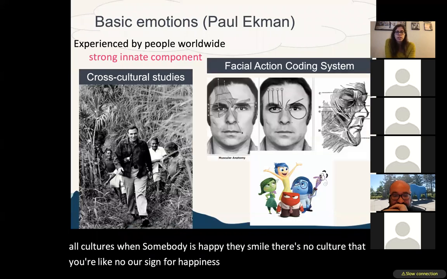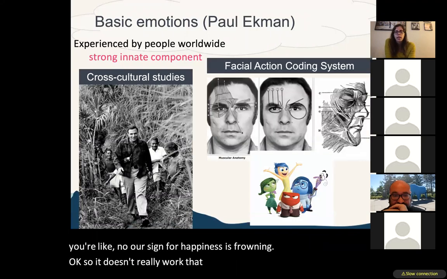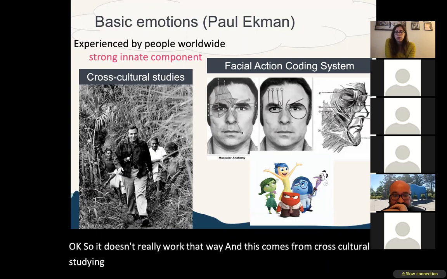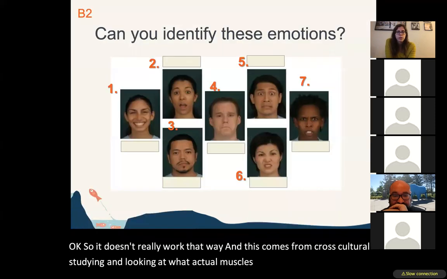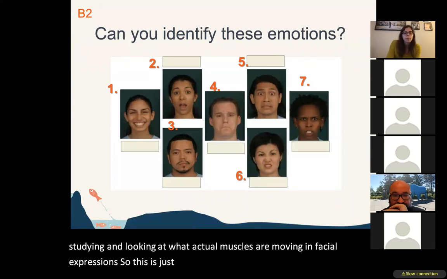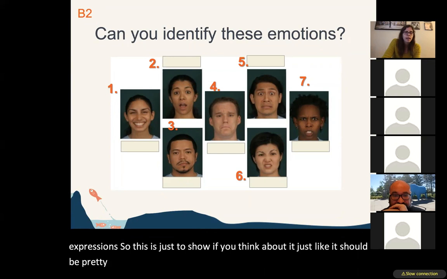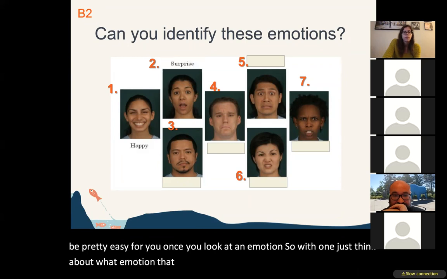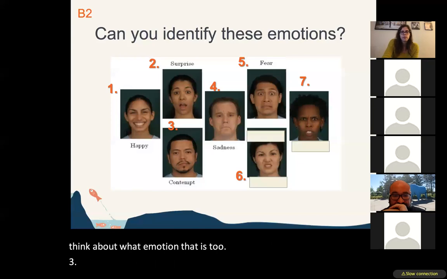And this comes from cross-cultural studies and looking at what actual muscles are moving in facial expressions. So this is just to show, it should be pretty easy for you once you look at an emotion. So with one, just think about what emotion that is. 2, 3, 4, 5, 6, 7.